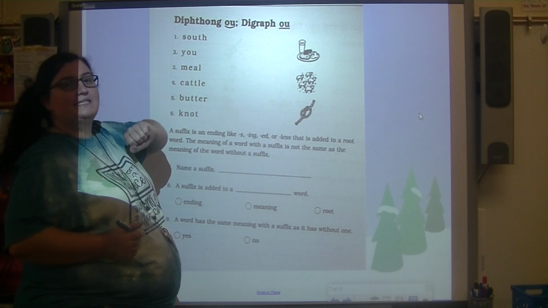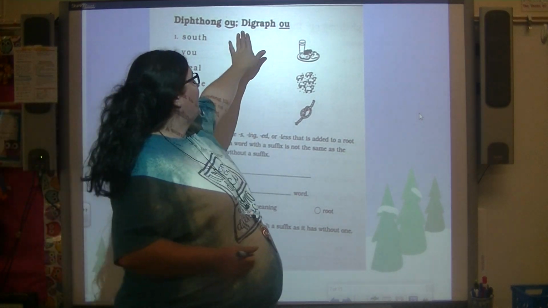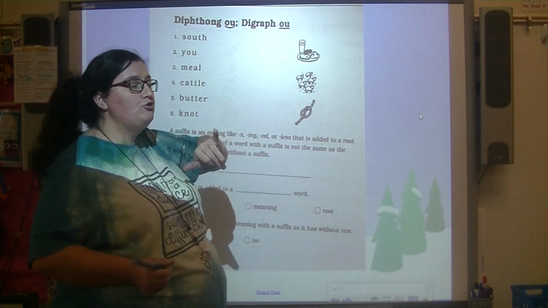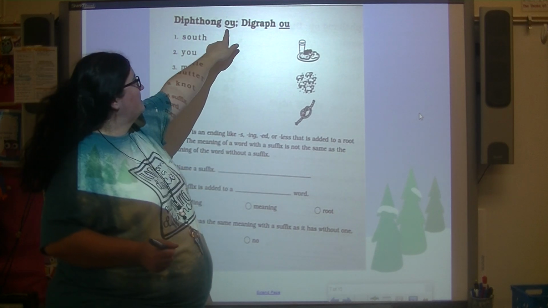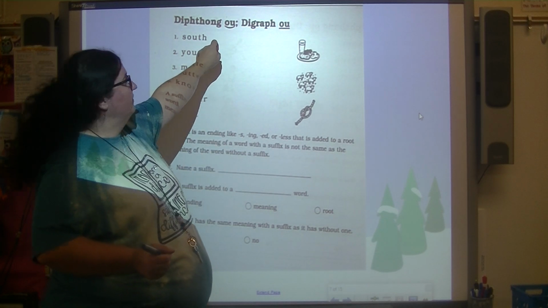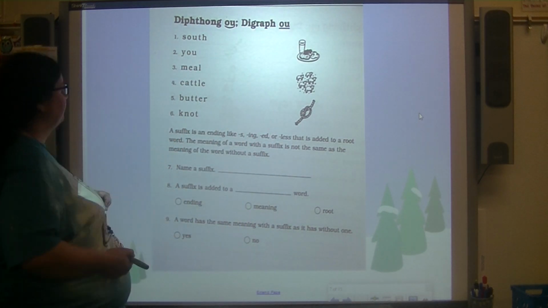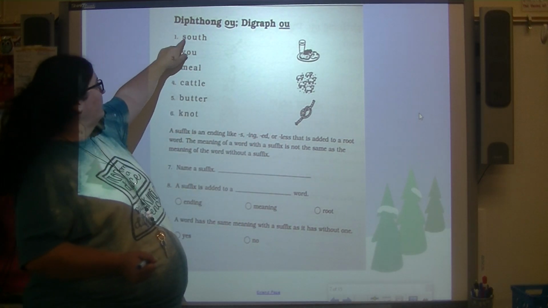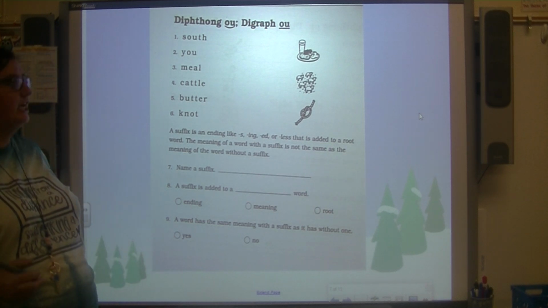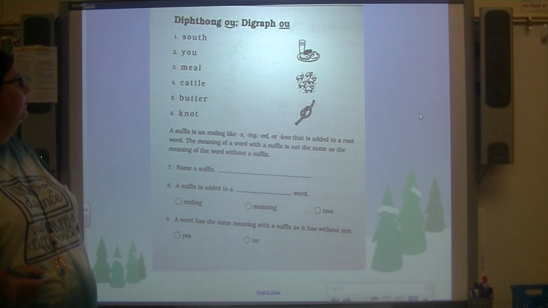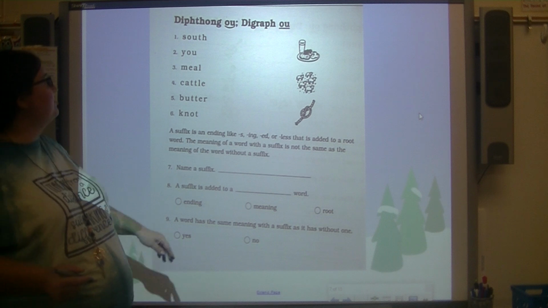Diphthong OU that says ow, digraph OU that says oo. Remember, this is the regular spelling. This is the spelling you would try second. All right, so number 1. What do we need to code? We do have OU.